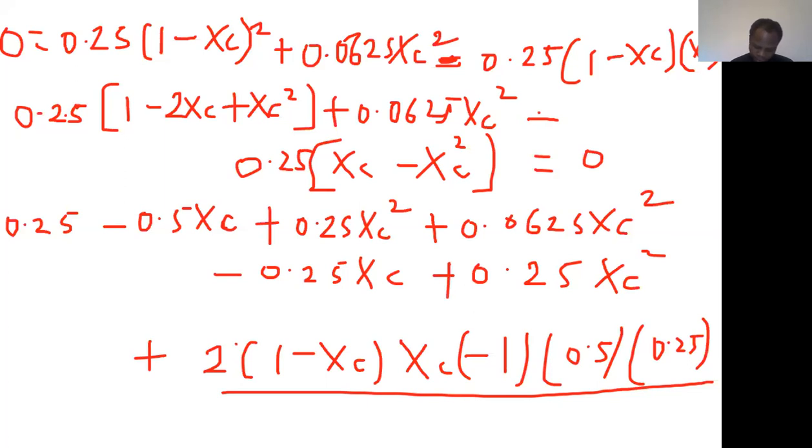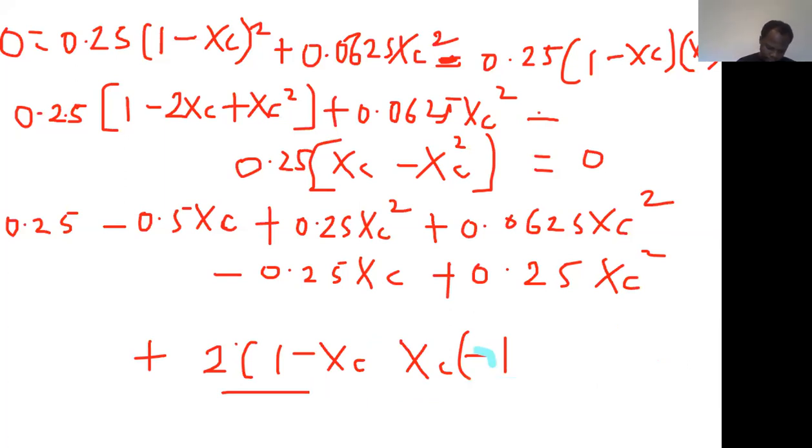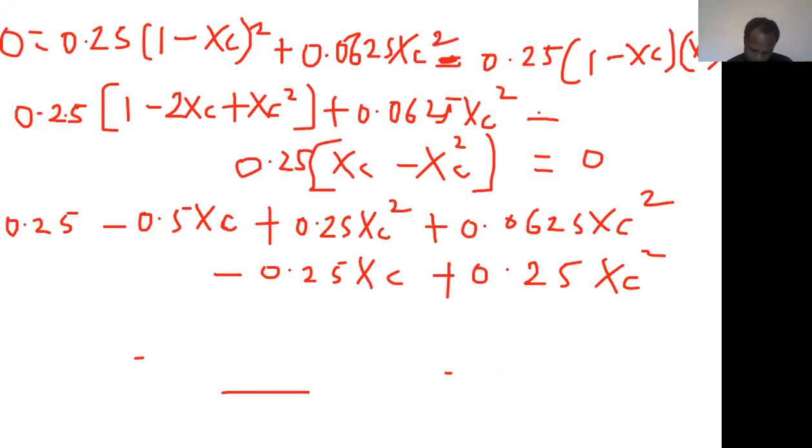So let me clear this part. Now from here, you equate everything to 0. So what you have to do here is just your normal simplification.